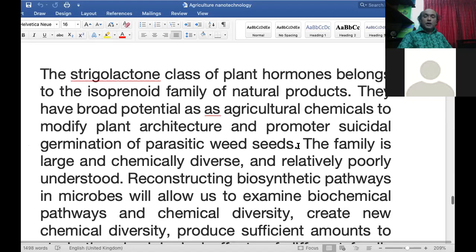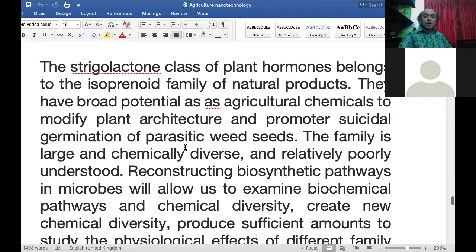And a promoter of suicidal germination of parasitic seedweed, because striga is involved in germination of striga. Striga is one of the parasitic weeds. So if you use the striga then you can enhance the germination of the parasitic weed when you have no crop in the field, and then you can kill the parasite.